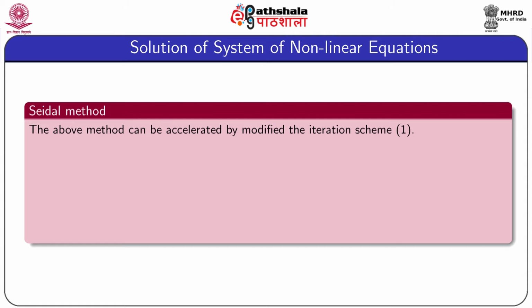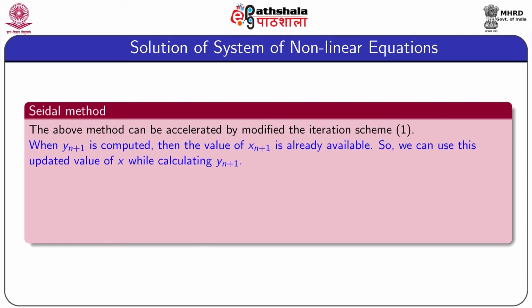Now, the above method can be accelerated by a minor modification of the previous iteration scheme 1. When y(n+1) is computed, the value of x(n+1) is already available. So, we can use this updated value of x to calculate the value of y(n+1).